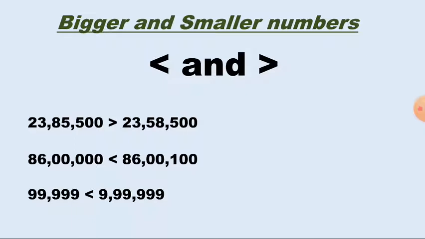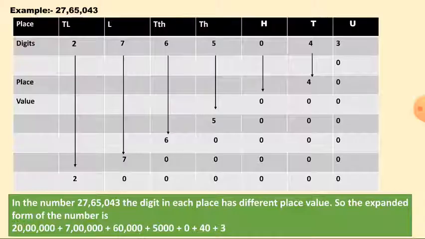Okay, so now we will be doing the writing work of problem set 5. So students, take out your maths notebook, your pen, pencil and scale, write today's date, take a new page and write this first. On the very first line, write the example 27,65,043. Then next line, write the place value.